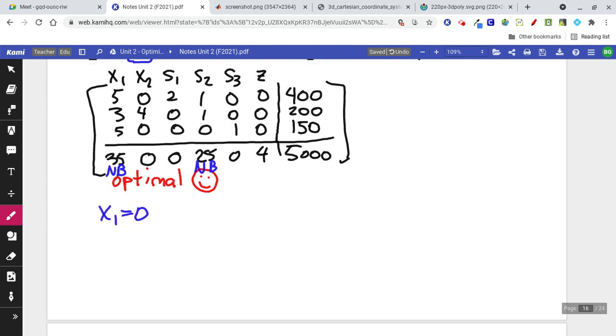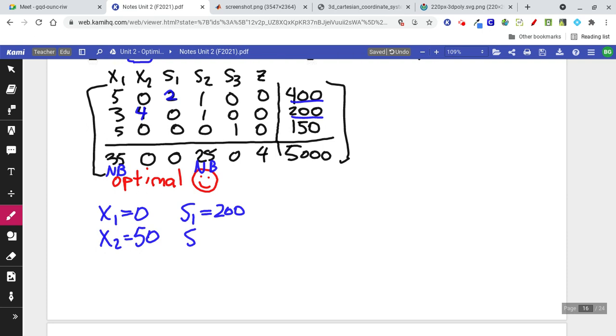X1 is going to be 0. X2 is going to be 200 over 4. Remember, you've only got one number. So look across, 200 divided by 4 is 50. S1, you've got to look at this 2, and so that forces you to look at the 400. 400 divided by 2 is 200.